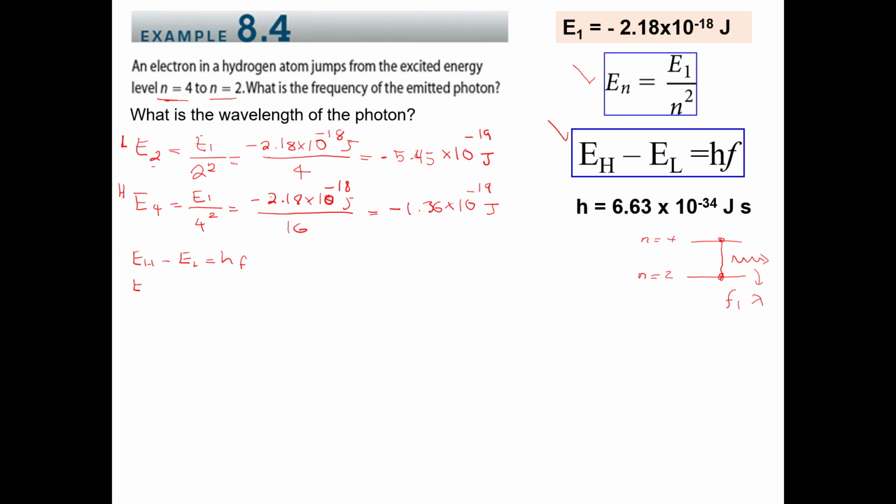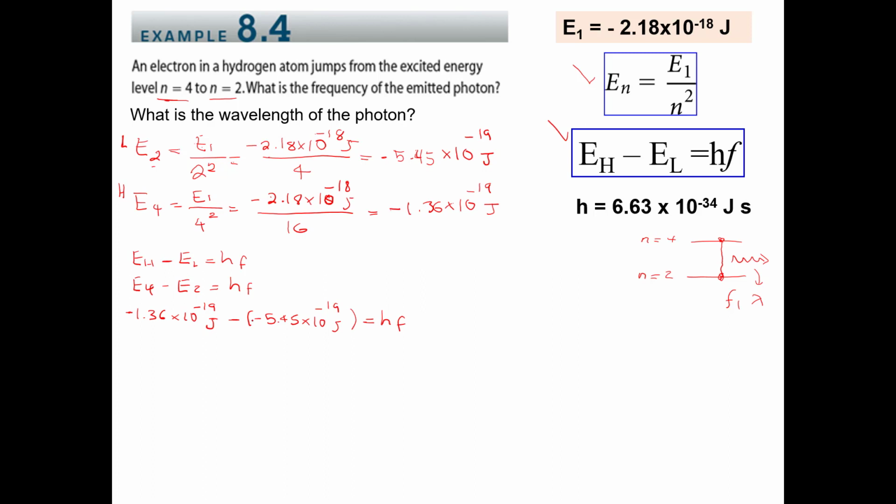In our case, it will be 4 minus 2, but 4 is minus 1.3619 joules minus, and here we have to be careful because we have the negative from the equation, but this number is also negative. Then we have to be careful with this sign here. Equals. Let's do this difference and then we will write the H value.